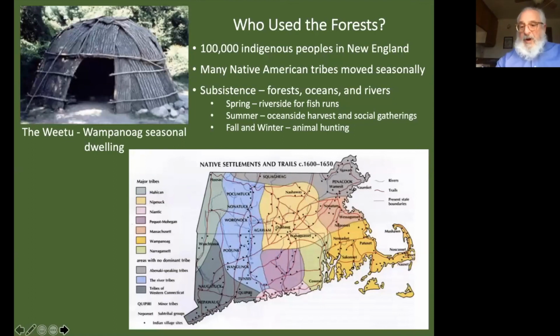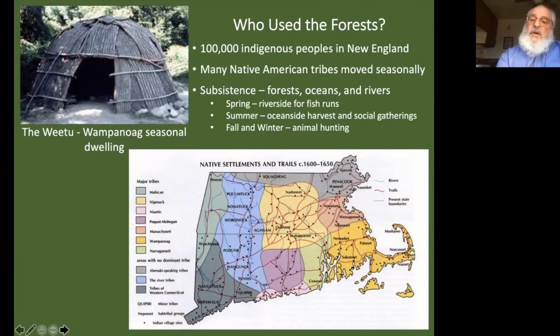Well, who used the forest in these early, pre-colonial days? I'll get to colonial in just a moment. These numbers and these ideas are from a book, I don't remember the title right now, but I think it's This Land Is Their Land. And the fellow who wrote it really had a lot of information on the indigenous peoples.